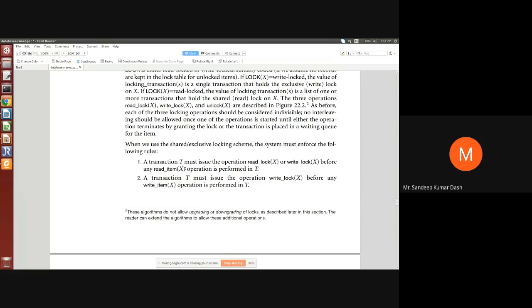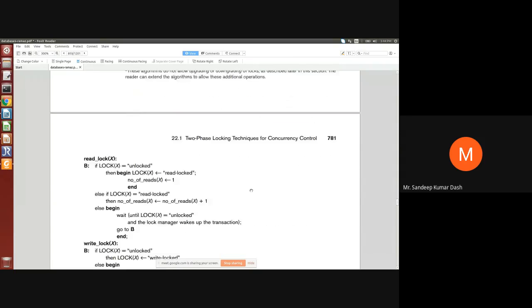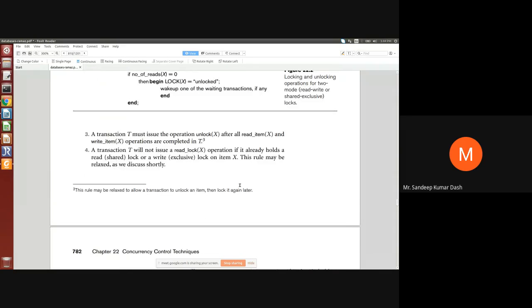If it wants to perform a read operation, it has to first request a read lock or write lock. If it acquires a read lock, it can read. If it acquires a write lock, it can also read, and it can also modify. The transaction T must issue the operation write lock before it can issue write item X. Suppose it wants to modify, it has to acquire a write lock. Similarly, a transaction T must issue the unlock X statement after all the reading and writing are completed.